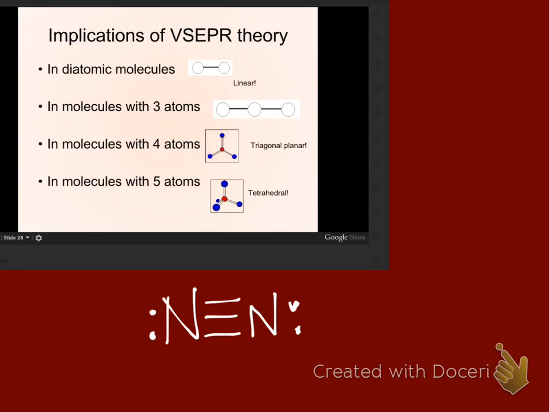Well, to be on the outsides. What is the furthest away those nitrogens can get from one another? To be in a straight line. So in something that is just two atoms, it's always going to be a linear arrangement, because that is as far apart as they can get.